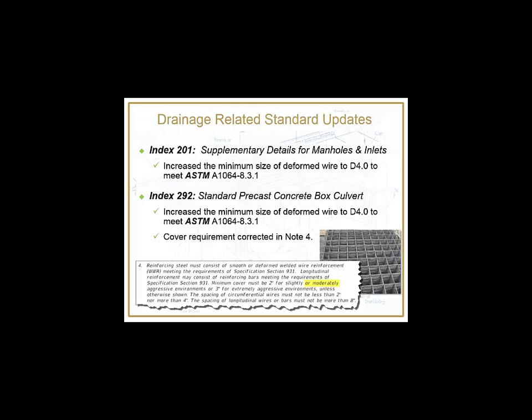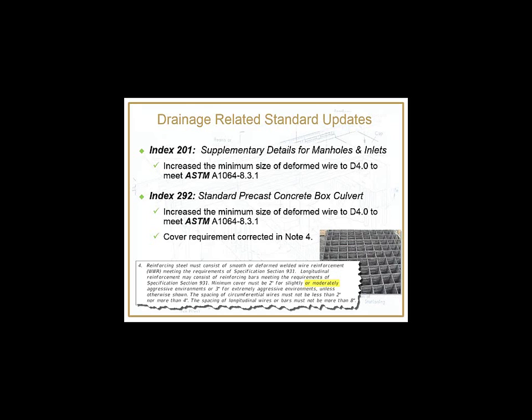So now backtracking to the drainage standards under the Index 200 series. There were some recent changes in the AASHTO design specification that limited the minimum size of deformed welded wire. Previously, on Index 201, a D3.1 was the minimum size. AASHTO or ASTM has determined that smaller wire size is not really appropriate.